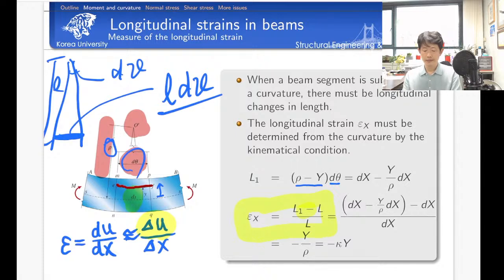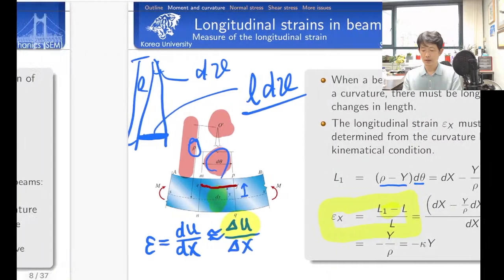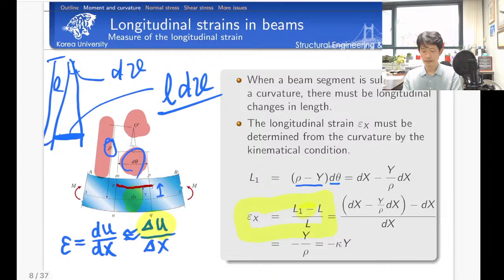Now let's look at the definition of the angle d theta. If you extend this consideration up to here, the original length is dx, so d theta times the radius of curvature rho is equal to dx.